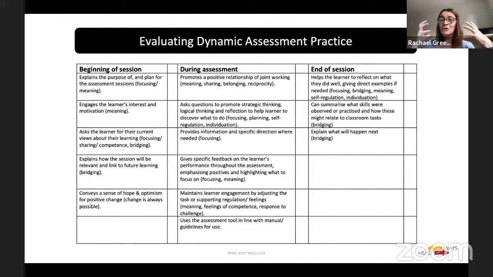Actually a lot of this is just good teaching and learning practice. A lot of these aspects of mediation theory are now subsumed into what we know to be good teaching practice. Sometimes the odd question, like tell me what you see, would be a very light touch, or how do these things go together? You're focusing on the process.